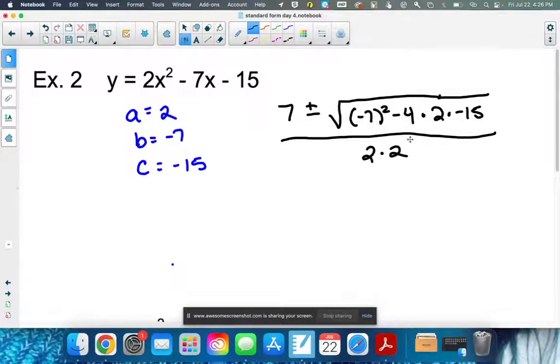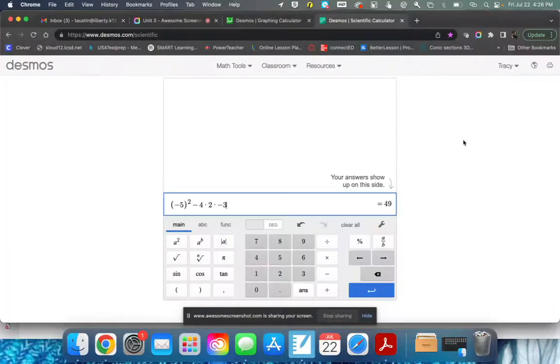All right, so same deal. What's up underneath the square root gets done first. All right, so hit enter. Same thing, we're going to do the parentheses. Close the parentheses, squared.